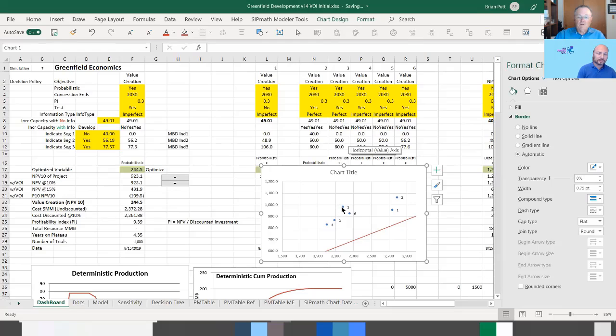So the difference between this 3 and that 6 represents the value lost, the value creation lost by going to imperfect information. And recognizing that we didn't optimize this perfect information, by the way, I don't think. If we had optimized this perfect information, this probably would have been way higher. This 3 would have moved up here.